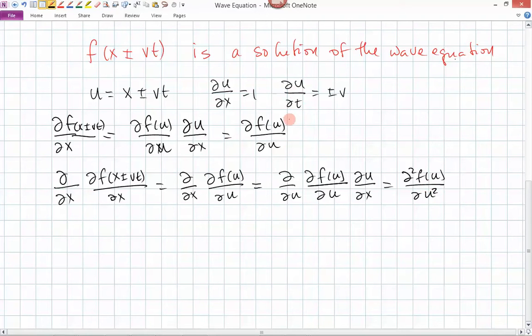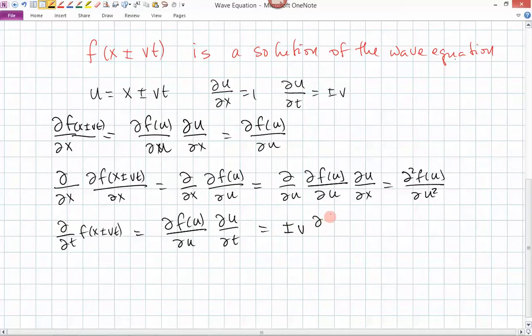Okay, so I have these derivatives on this side. Now let's work out the time derivatives. I have partial with respect to t of f of x plus or minus vt, and that is equal to partial of f of u with respect to u times partial u with respect to t, which is equal to plus or minus v partial f of u with respect to u.